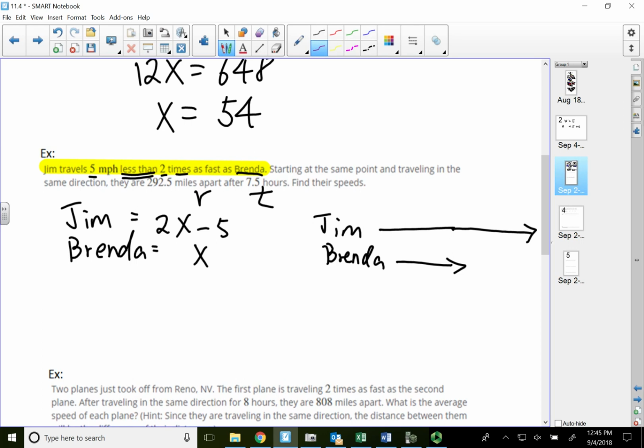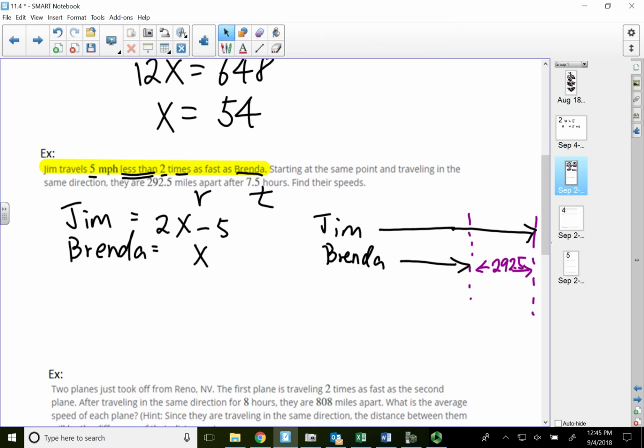All right. So when they say they are 292 miles apart, that's referring to the difference between them. At exactly 7.5 hours, they are 292.5 miles apart. So that's referring to the difference of their distances, because one of them got to travel faster than the other. So the difference is this 292.5.